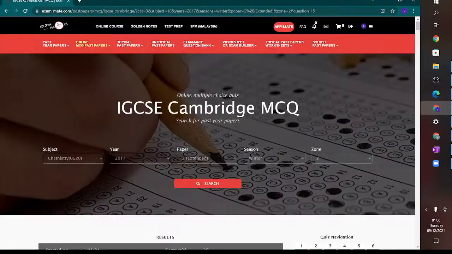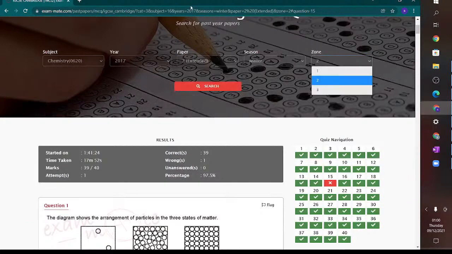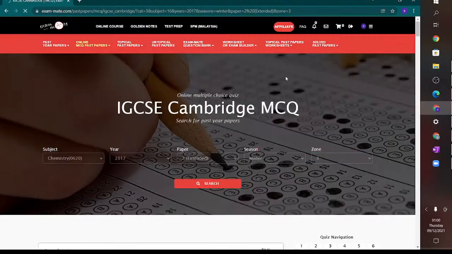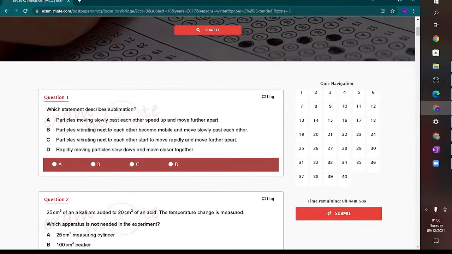So the last and final paper, paper 3, 2017 October November paper 3. Let's go. Which statement describes sublimation? Sublimation is the change from solid to gas. Particles moving slowly past each other speed up and move further apart: slowly past each other is liquid, and move further apart is gas.